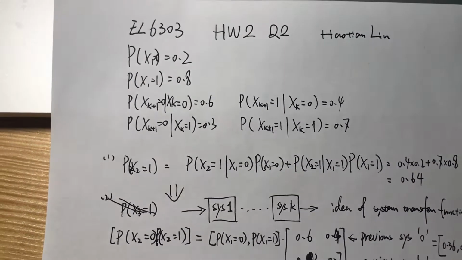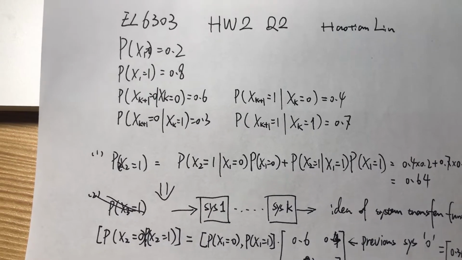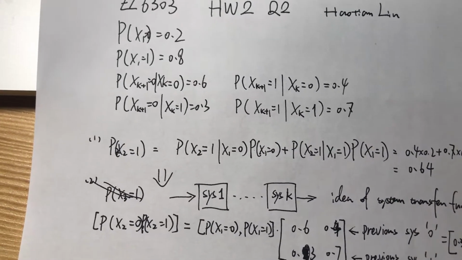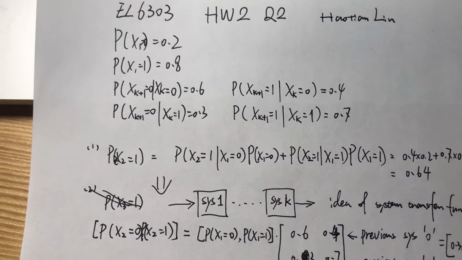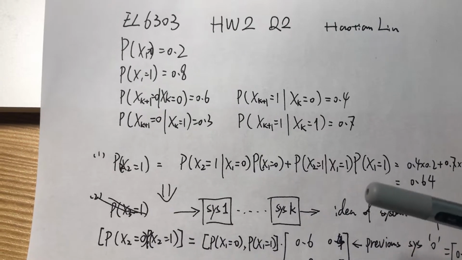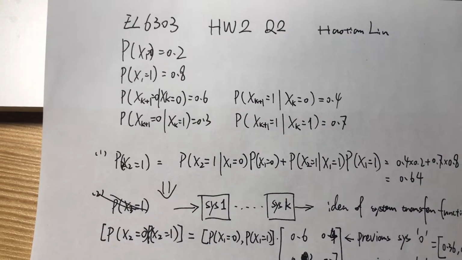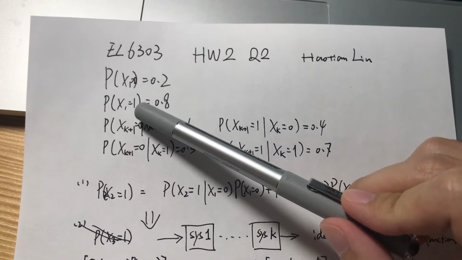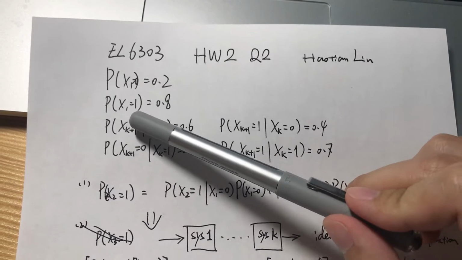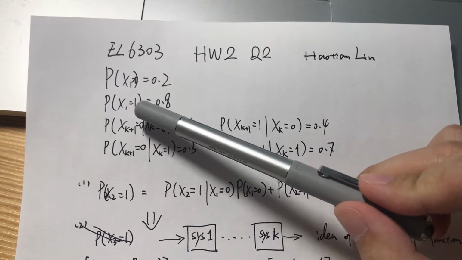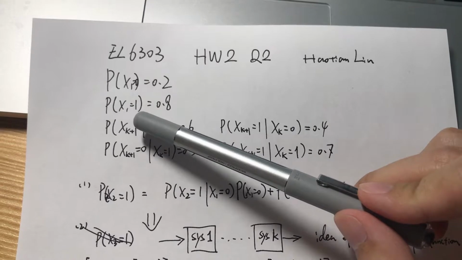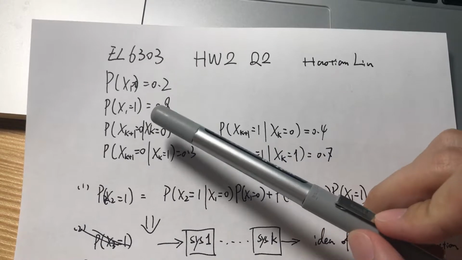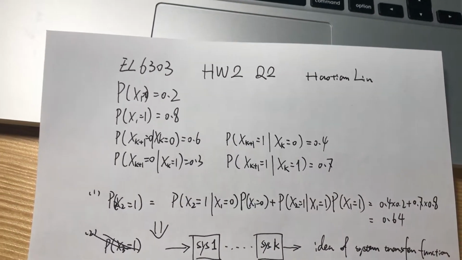In this question, a signal goes through a serial noise channel continuously. K means the k-th noisy channel. X1 equals 1 or 0 means the initial signal is 1 or 0, and the probabilities are 0.2 and 0.8 respectively.